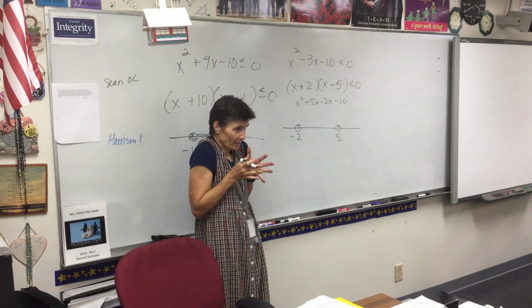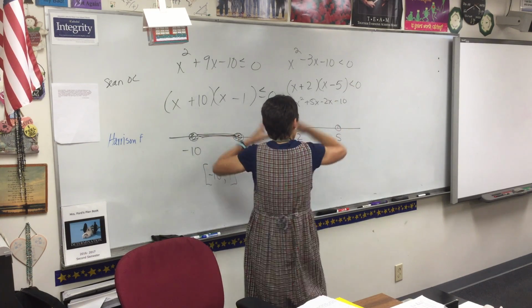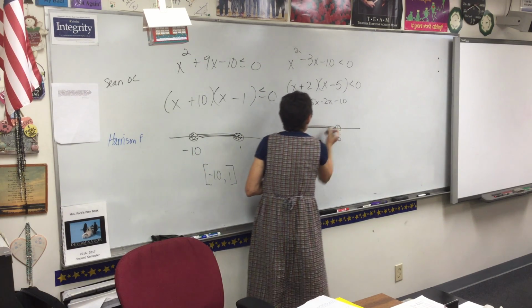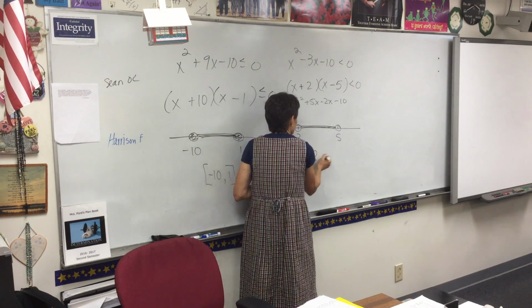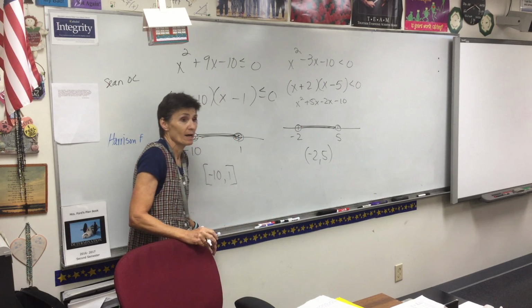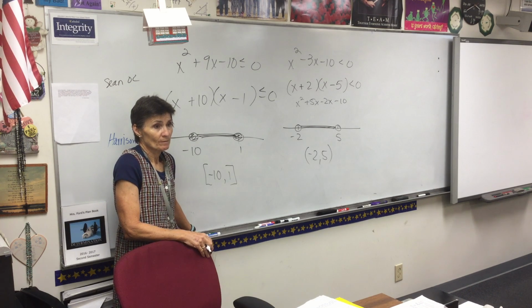Less than means littler than, right? Inside, we don't want, this would be big, this would be little, so less than in here. So our answer is -2 to 5. And I'm using parentheses because the dots are open. Liam, you paying attention?